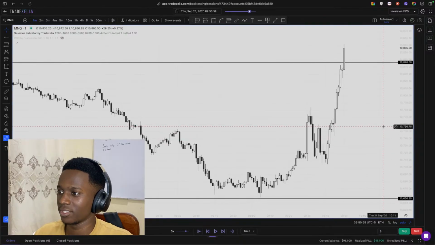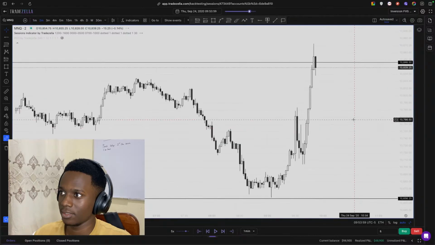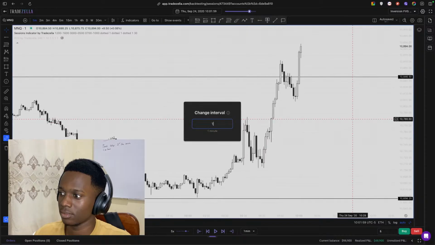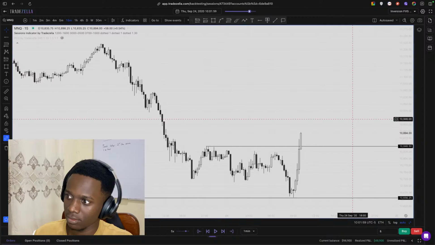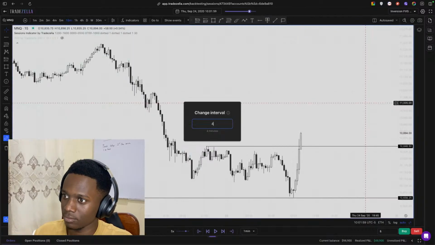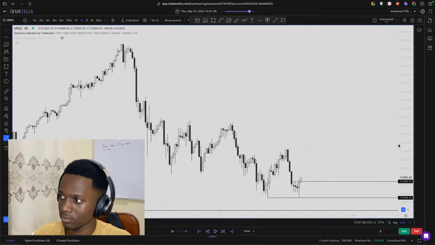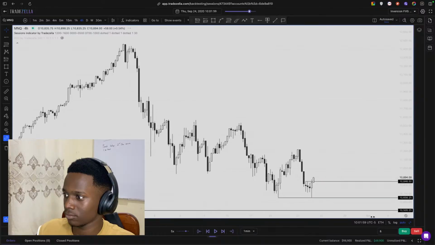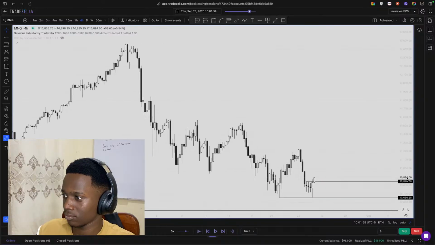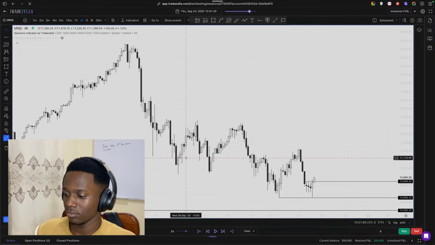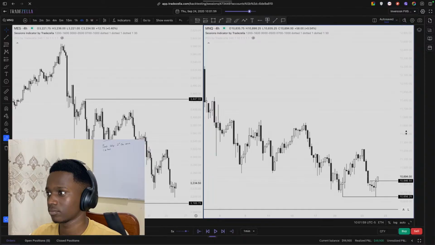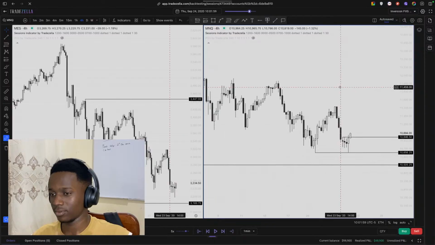And then price hits Asia high. Looks like it's functioning now.